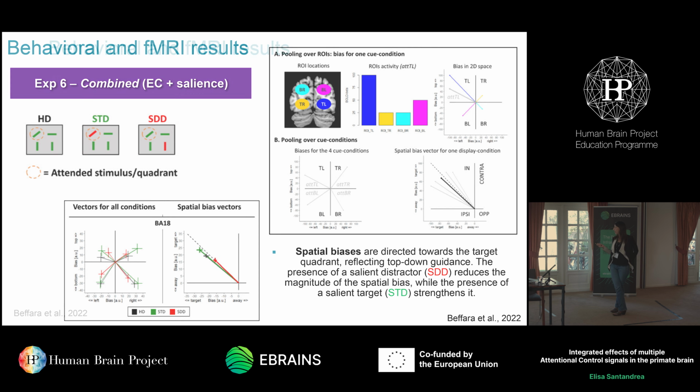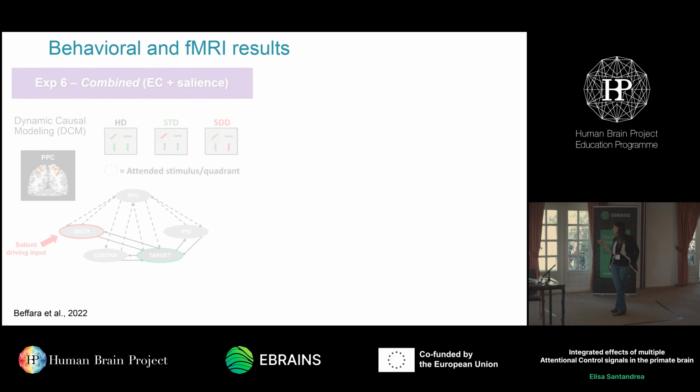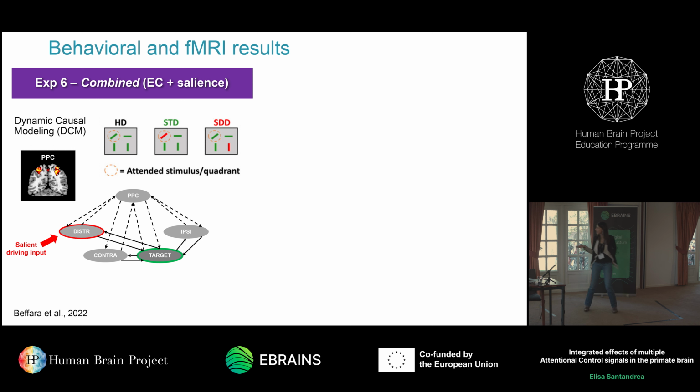We also did dynamic causal modeling, trying to understand connections between the quadrant-specific activations in the occipital cortex, and how these activations were related to areas that are known to contribute to attentional control and to host spatial priority maps, such as the PPC.